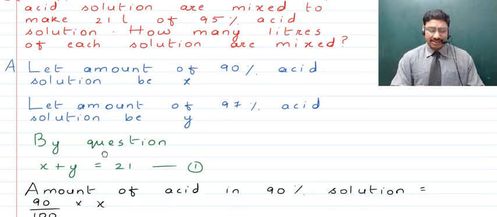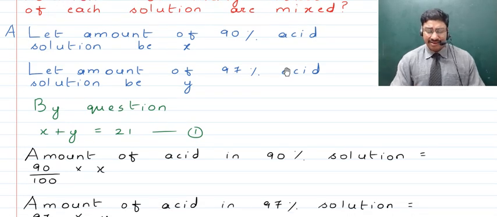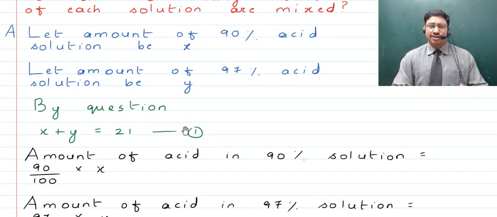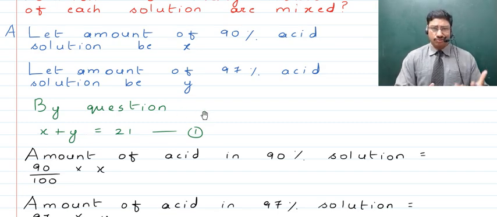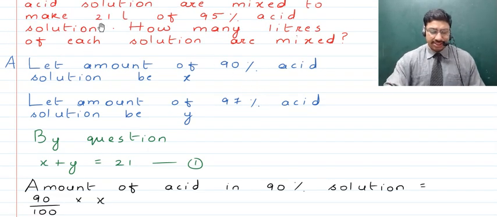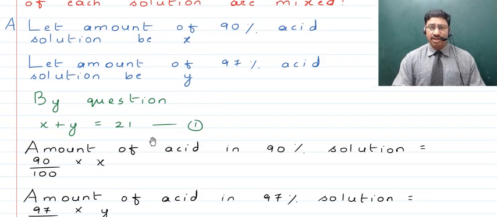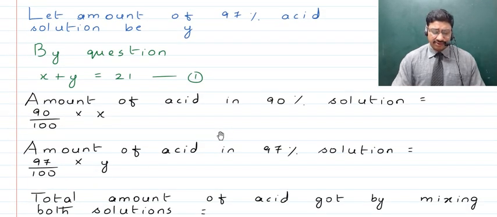Then we consider that the amount of 97% acid solution is y. Now, as per the question, both of the solutions have been mixed, so x plus y, which is the total amount of the solution, is the amount of solution which has been got, which is 21 liters, right? As such, x plus y can be written to be equal to 21. So this becomes your first equation.